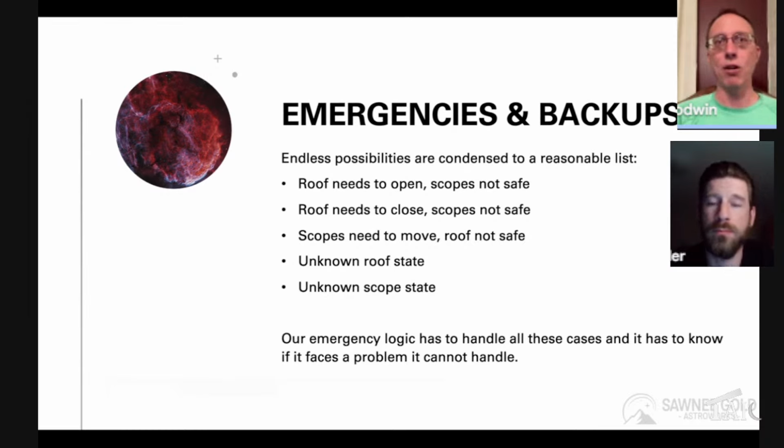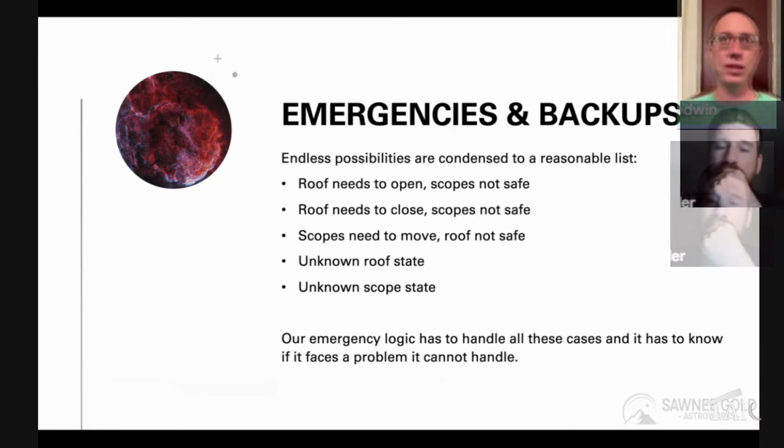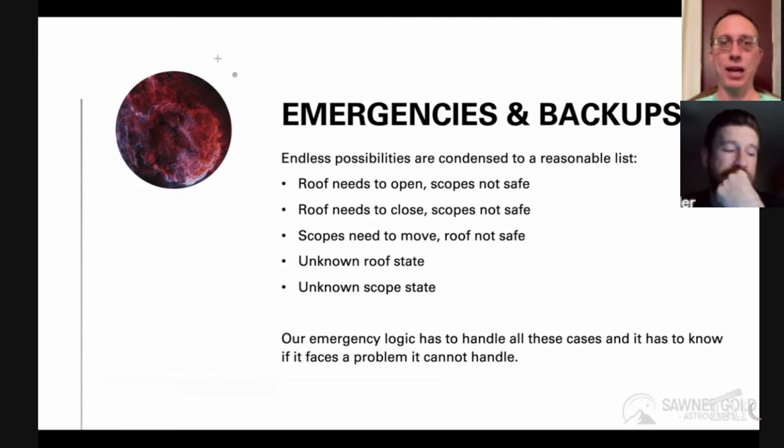But if we exhaust all of those and the scopes still aren't safe and the roof needs to close, that's something that needs to wake me up. We'll go into how we handle notifications and emergencies in a later section. But you do need to understand that there is a list of problems that, no matter what cool automation you have, it will not be able to handle, and you will have to handle the emergency yourself.